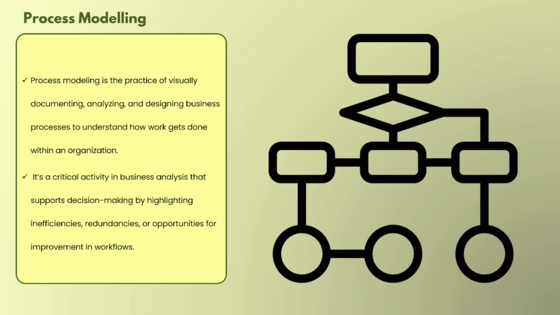Process modeling is a critical activity in business analysis that supports decision making by highlighting inefficiencies, redundancies or opportunities for improvement in workflow. In short, it helps us spot where work is getting stuck, repeated or can be done better so we can make smarter decisions and improve the way things flow.